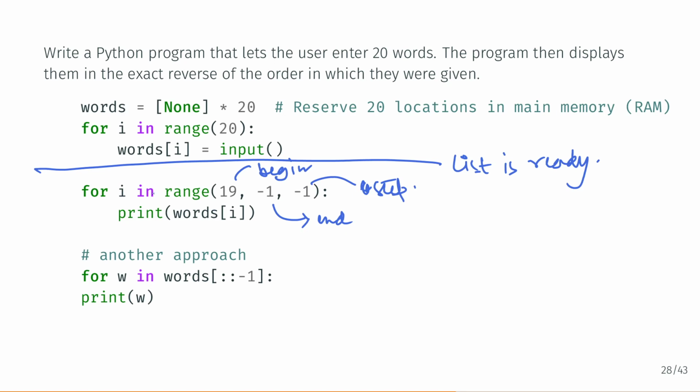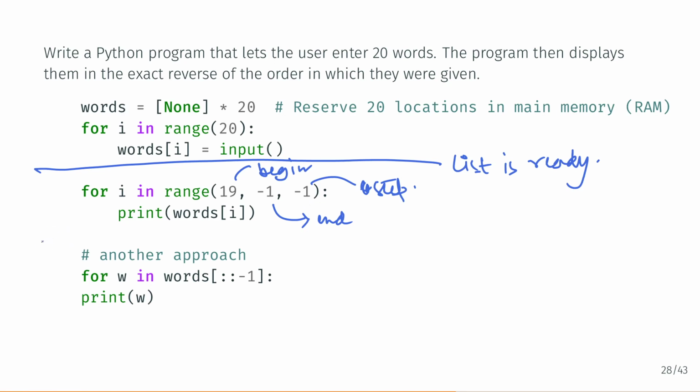So this says for I in range beginning from 19, up to but not including -1, obviously, because -1 does not exist. It does, but forget about it, okay? Up to but not including -1, and with a step size of -1, print words[I]. So this will print the words in the exact reverse order, okay?